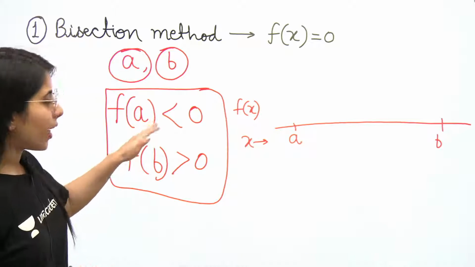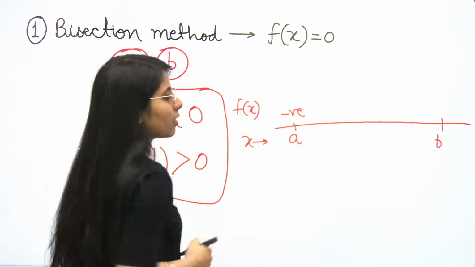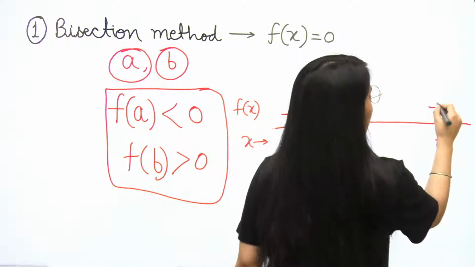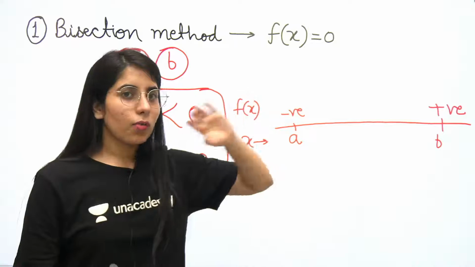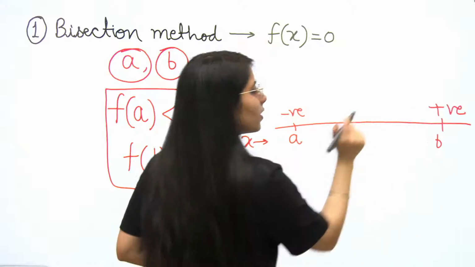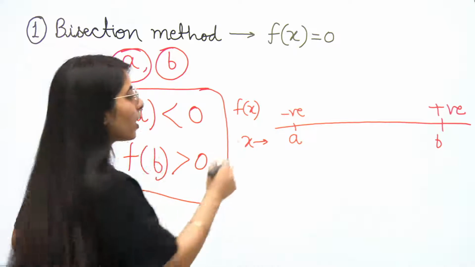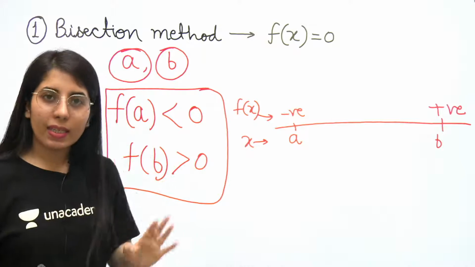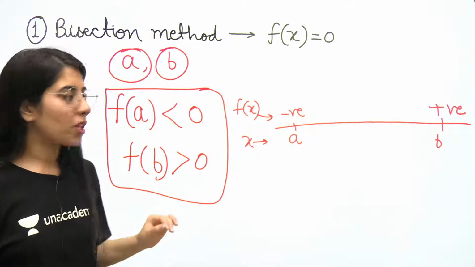I am saying f(a) is less than 0, which means the function value at x equals a is negative, and f(b) is greater than 0, which means it's a positive value. Clear? Now, in between these two points there will be some point where the value of the function is 0, because on one side it's negative and on the other side it's positive. I'm not talking about x being negative or positive; I'm talking about the f(x) values. A and b will be any two consecutive values. They are integers, not decimal numbers. That's how you get the information about it.